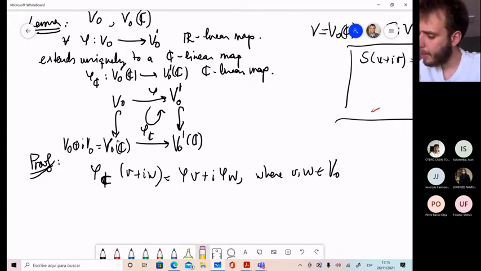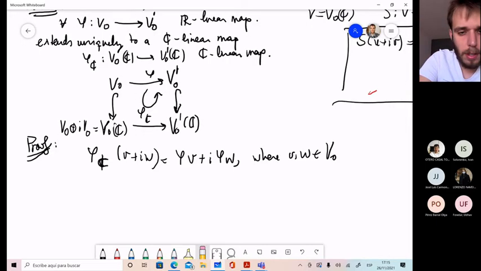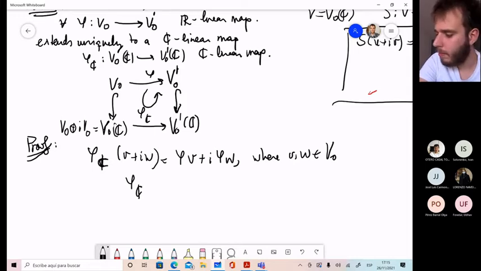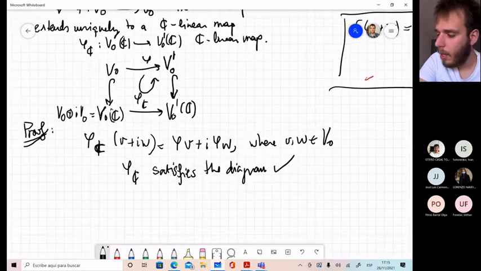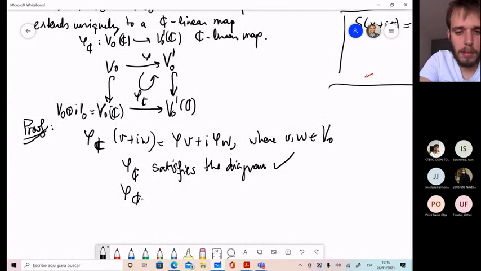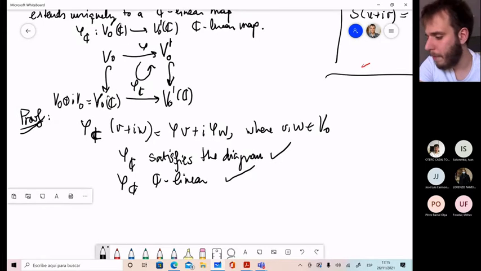And yeah, so the first thing you have to notice is that phi sub C satisfies the diagram. Okay, this is immediate. And then you have to prove that it is C linear, which you can also do.